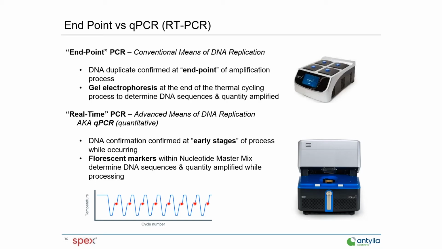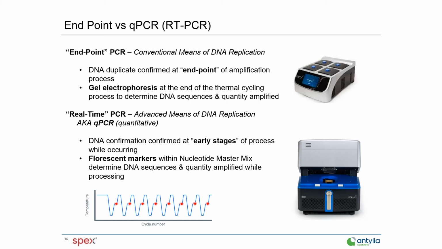quantity that you've amplified. In real-time PCR, or qPCR, also called quantitative PCR, it's a little more advanced. It can actually count or quantify the DNA as it's being produced. So it has a fluorescent marker that's employed. It's usually within the nucleotide master mix.